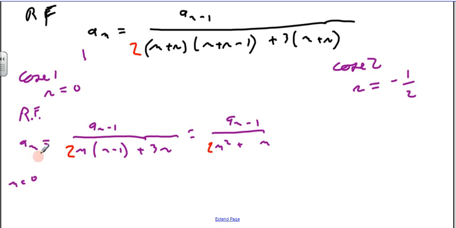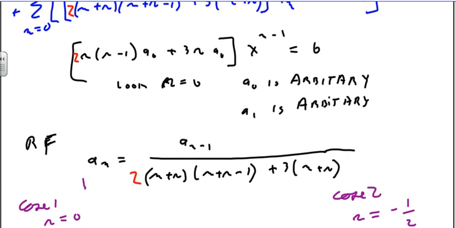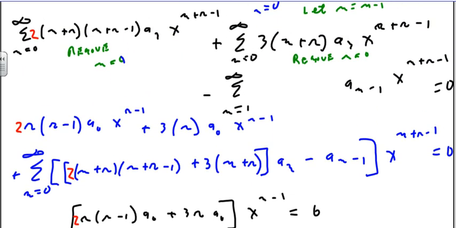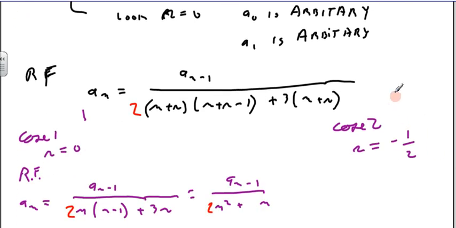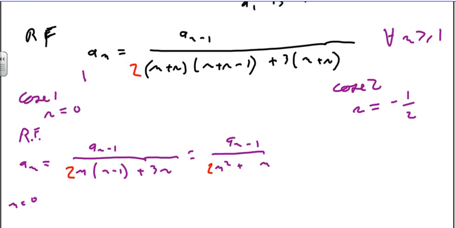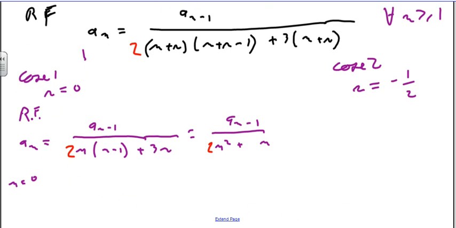But if I start at n is equal to 0, I'll get a 0. No, I can't do that either. Where am I starting? Okay, this is 1. Right, I changed the indexing to 1, so I'm starting at 1. This is for all n greater than or equal to 1. Okay, so I'm going to start at n is equal to 1.